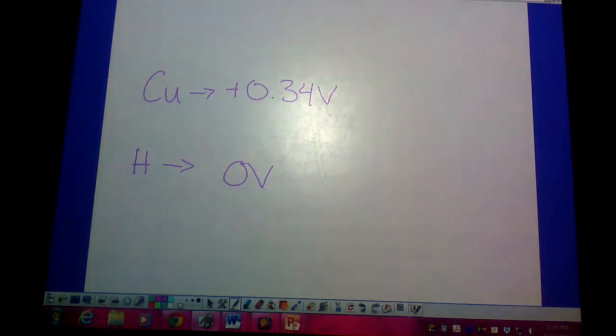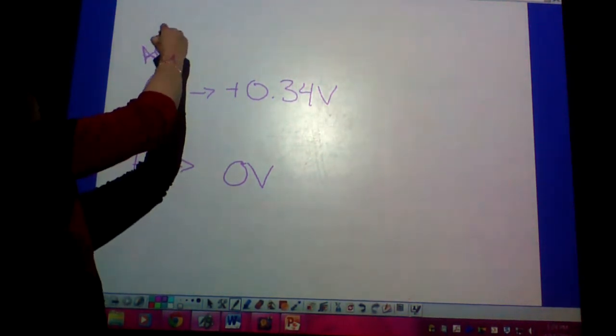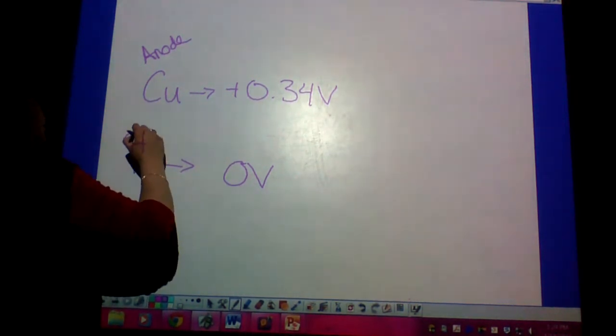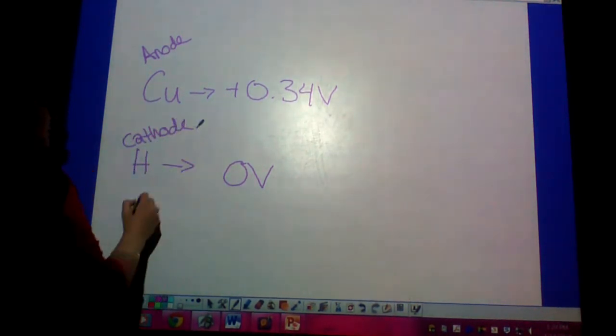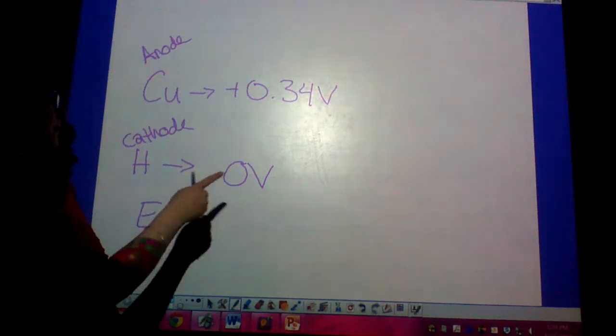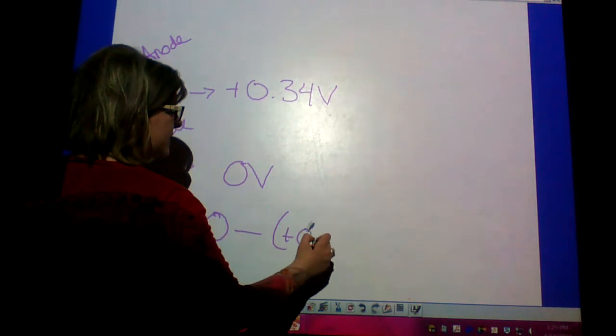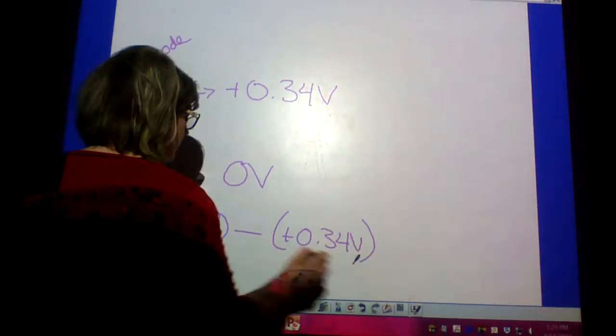And I know that if copper is being oxidized, that happens at the anode, and hydrogen is being reduced, and that happens at the cathode. And we said to find E, we always take cathode minus anode, so this is 0 minus positive 0.34 volts.